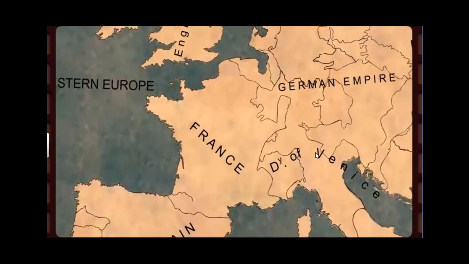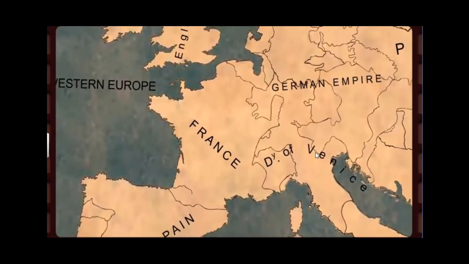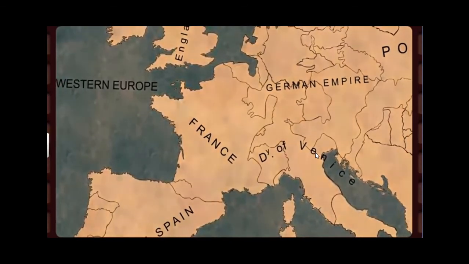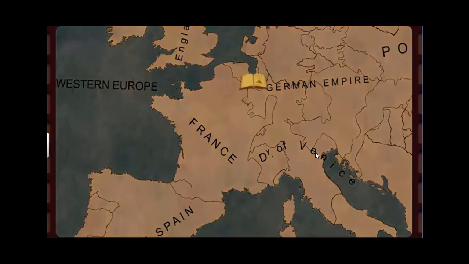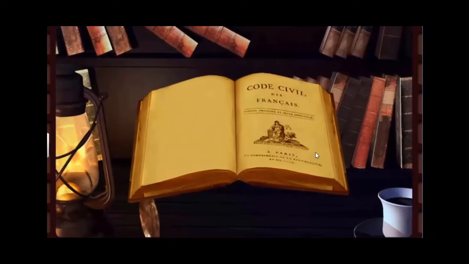The Civil Code of Napoleon was carried to the other parts of Europe that were brought under French control, such as the Dutch Republic, Switzerland, Italy, and Germany.